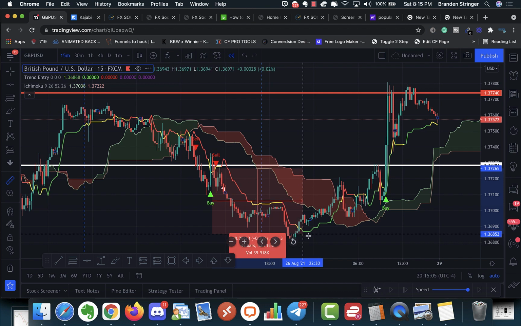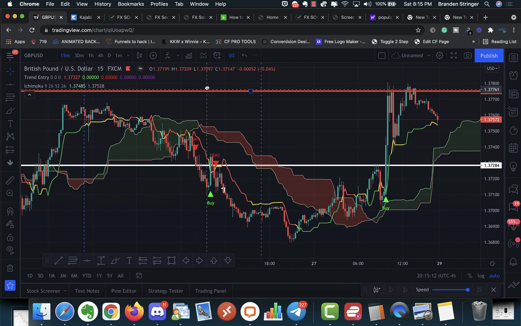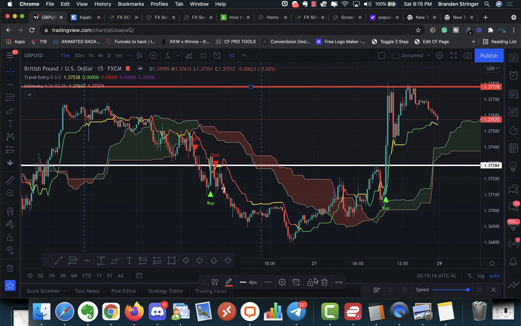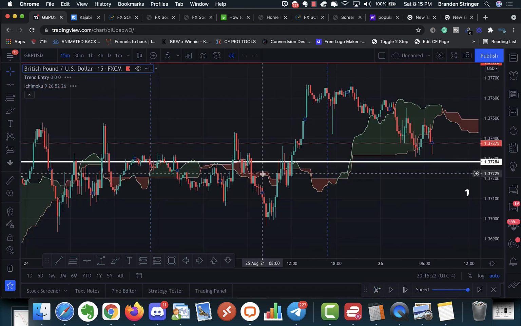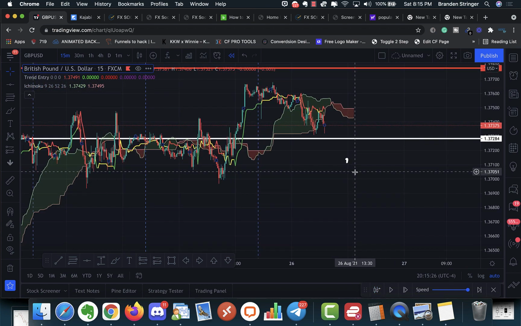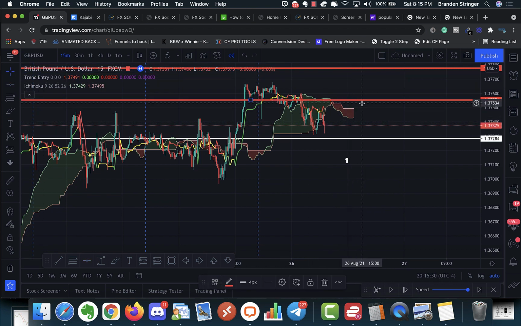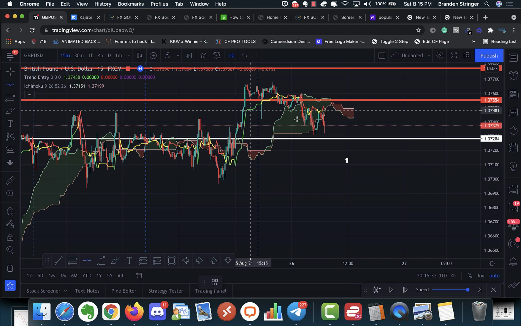Now the disadvantage of having a large stop loss is you have to lower your lot size. So let's look at the difference in lot sizes between our three time frames. Let's say our entry is here, and we have one stop loss there, one stop loss here, and one stop loss here.